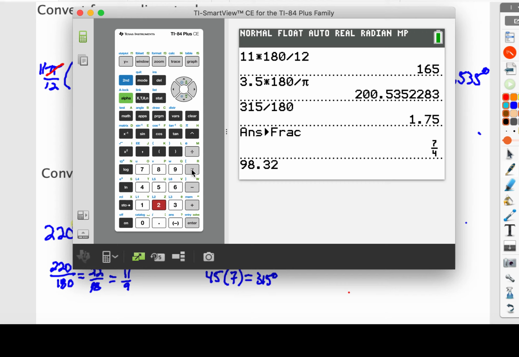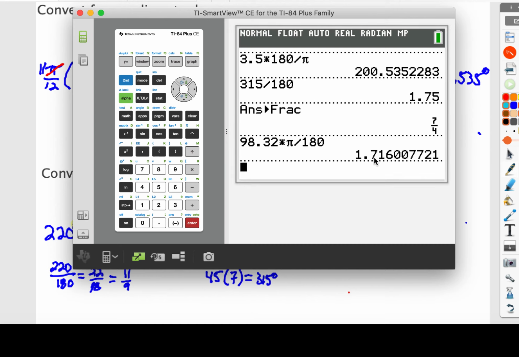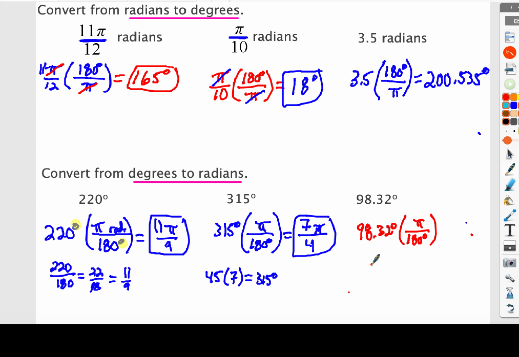We're going to multiply by that pi because we're introducing radians, but we're going to divide away the 180 because we're getting rid of the degrees. And it looks like about 1.716 approximately. About 1.716 radians. We don't typically label them, but since it is a decimal form, it's a little bit more specific. Let's go ahead and label that.